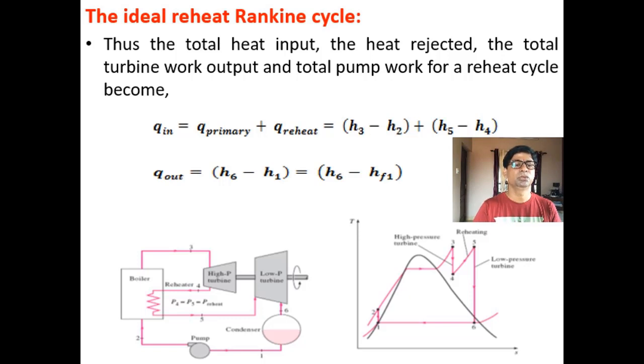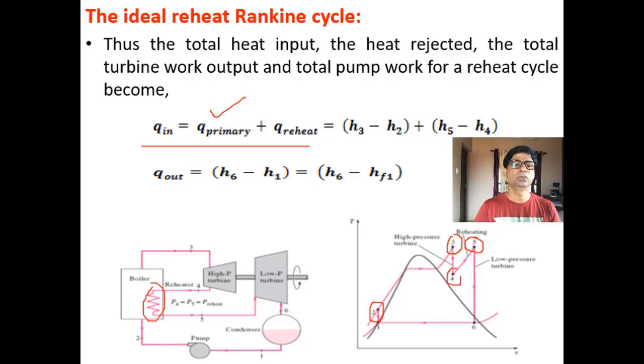So here Q in is Q primary plus Q reheat. Q primary means, as all of you know, 2 to 3 is the heating in the boiler, wherein the water gets converted into steam. So here the heat addition is called Q primary or primary heat addition. Then 4 to 5, once again the same steam is heated in the reheater inside the boiler.